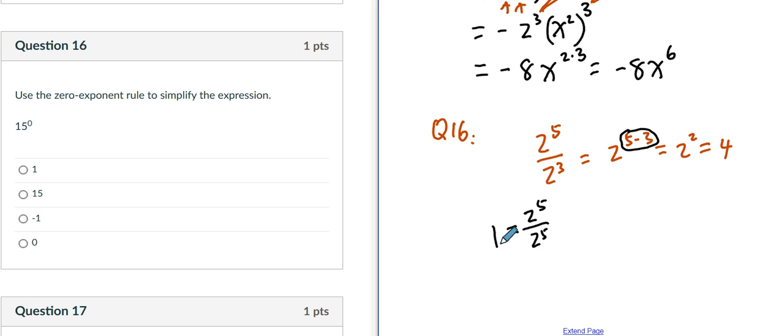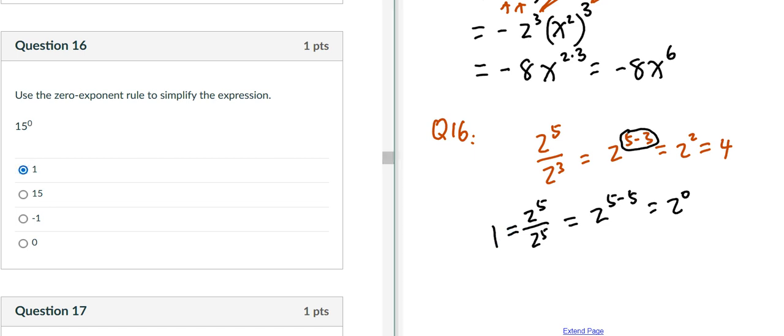You know this one. But by the algorithm it is 5 minus 5. That's 2 to the 0. So that's why any number to the 0, you get 1. Here is 15. 15 to the 0, you then get 1.